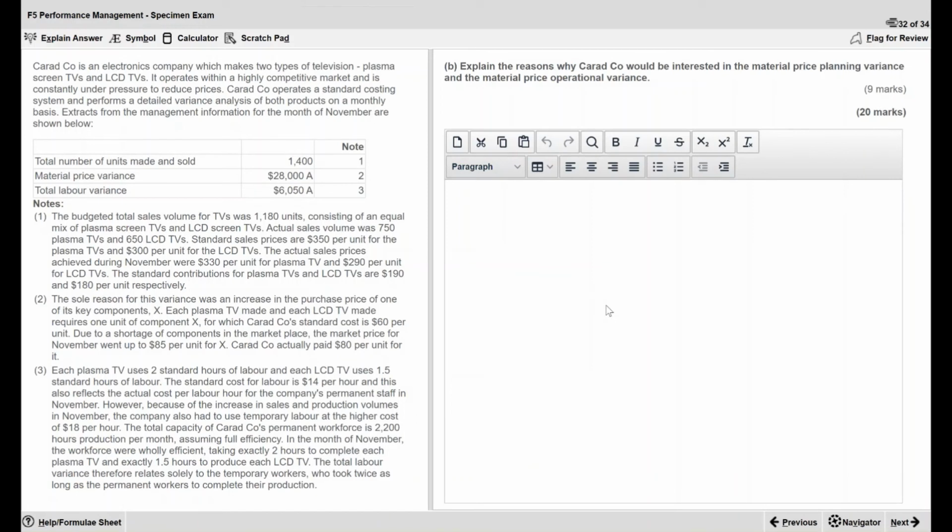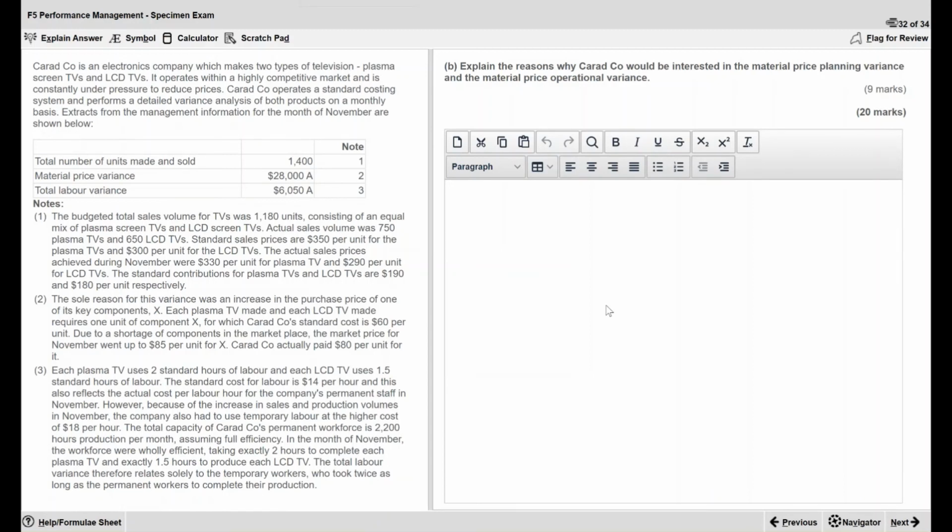Okay, explain the reasons why CARET-Co would be interested in material price planning variance and material price operational variance. Remember, in a theoretical question, there is no exact answer. So whatever comes to your mind, spend time on it. Whatever you feel is right, just try your best to get as many marks as possible.